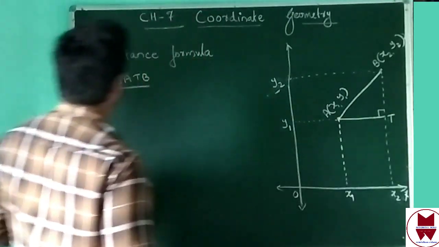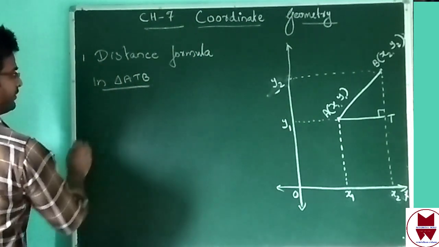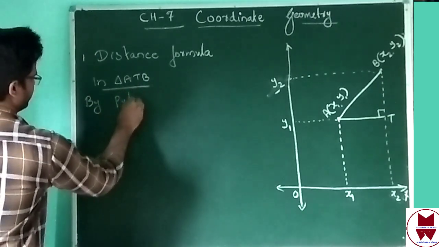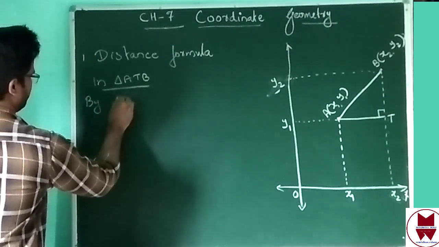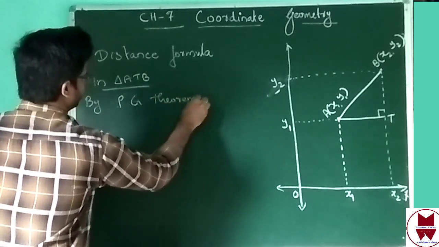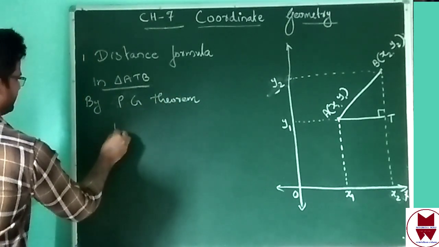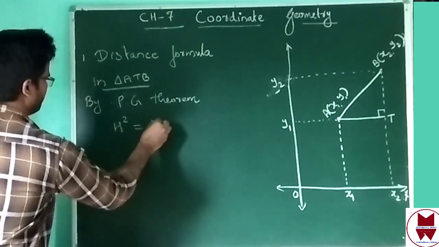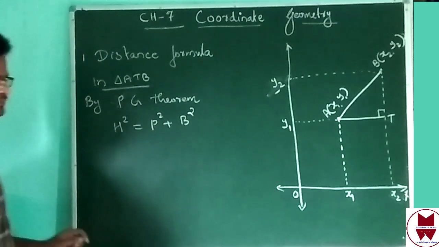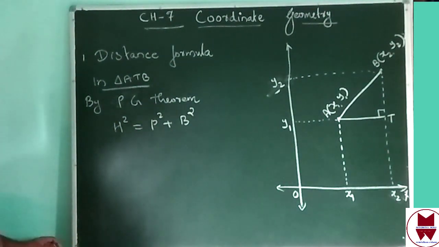And then hypotenuse square. What is hypotenuse square? By Pythagoras theorem, hypotenuse square equals perpendicular square plus base square. What is the hypotenuse?